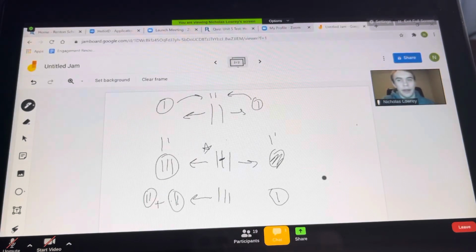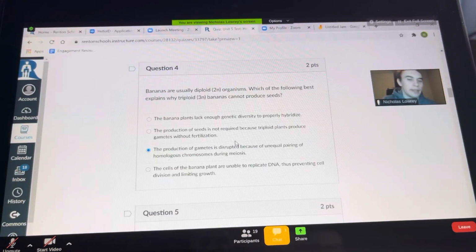So your body, because it has those checkpoints, is basically not going to allow that to happen, because it doesn't want to make these jacked up gametes. And so because of that, the answer is going to be that the production of gametes is disrupted because of the unequal pairing of homologous chromosomes.